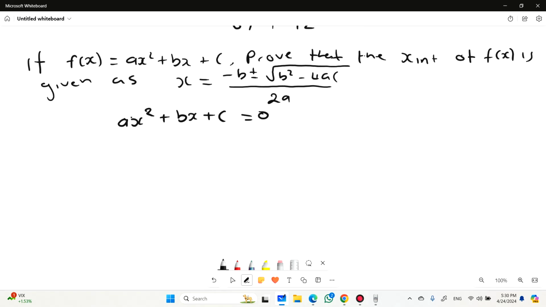The first step is to make the coefficient of x squared be 1, so I can divide everything by a. I have x squared plus b over a x plus c over a, which is equal to 0.